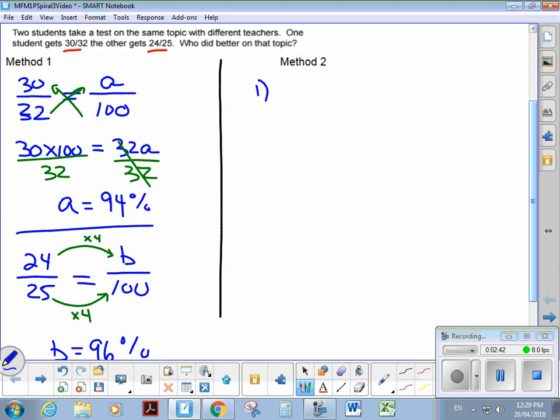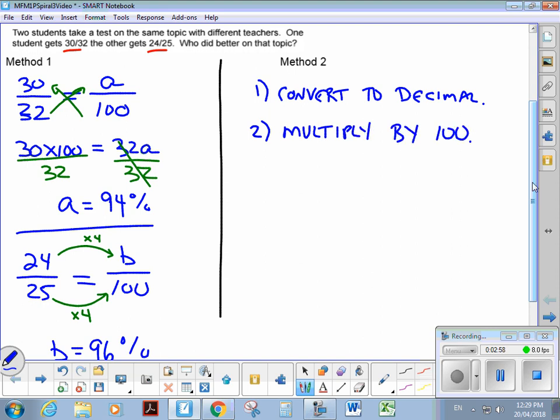So method two is convert to a decimal. That's your first step. And then step two is multiply by 100. In the case of the 30 out of 32, we would convert it to a decimal by doing, and I'll show the extra steps here, 30 divided by 32.